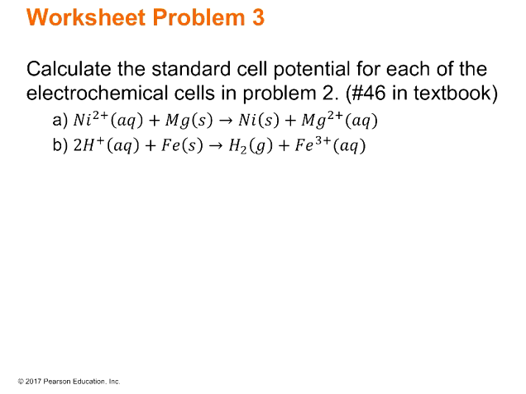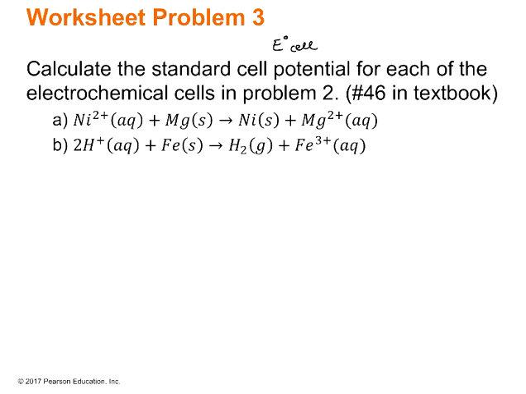All right, so now for worksheet problem 3, we're going to calculate the standard cell potential. So remember that's E cell for each of the electrochemical cells in problem 2. Okay, so we've already done half the work. These are the same reactions we just saw.